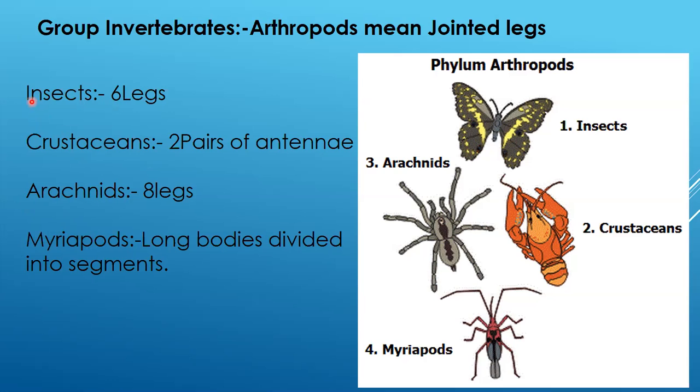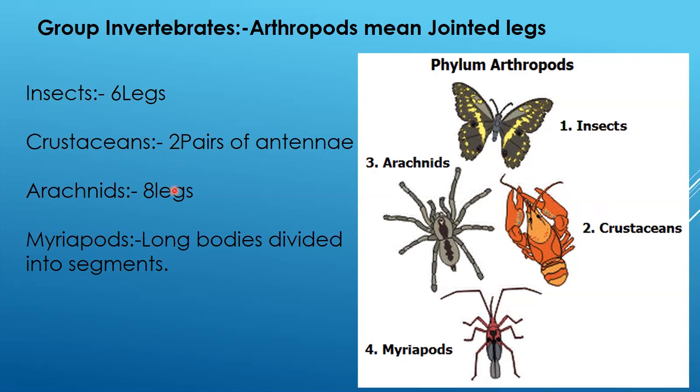Now how are insects different from other arthropods? They have 6 legs. So when you see any insect, it has 6 legs. Crustaceans, how are they different from insects? They have 2 pairs of antennae. You can see in this diagram, crustaceans have 2 antennae. How are arachnids different from insects?